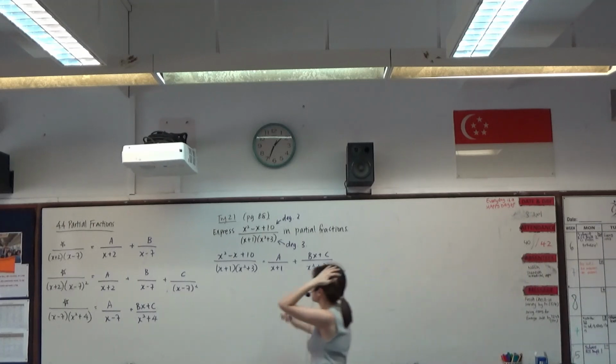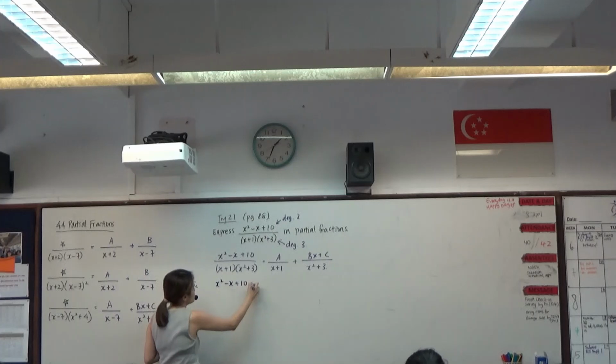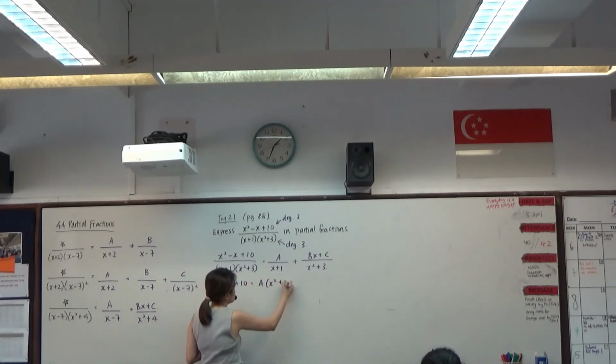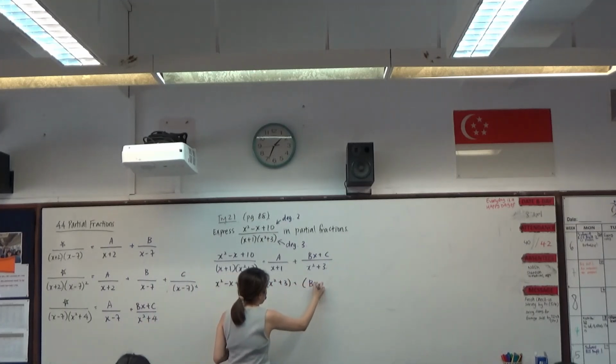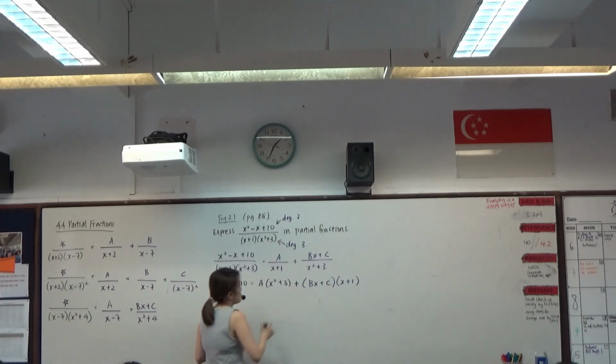Then we multiply across by this denominator. We get this.